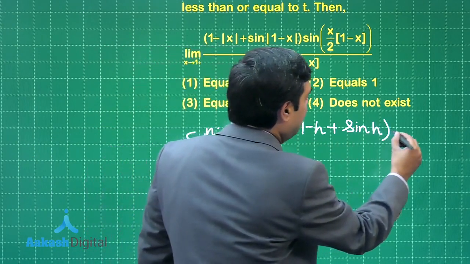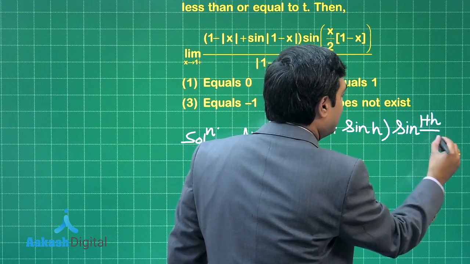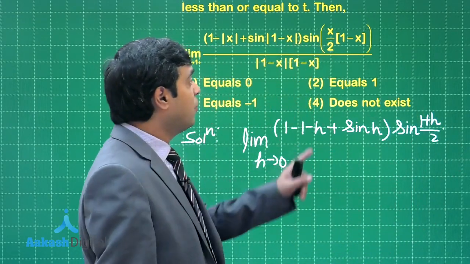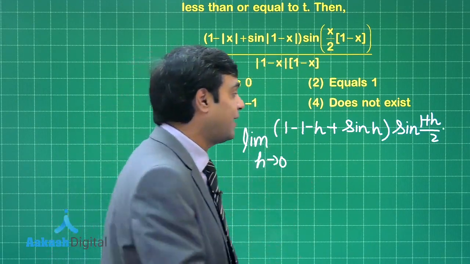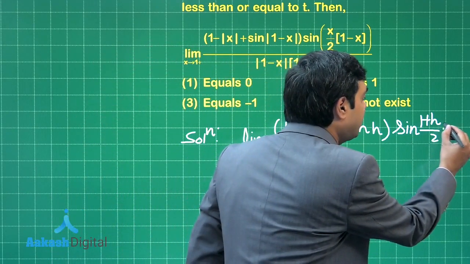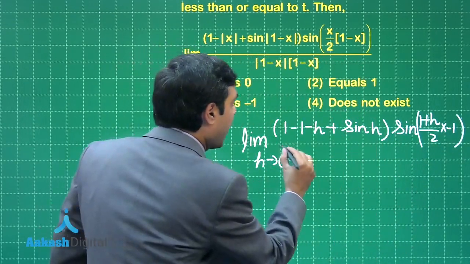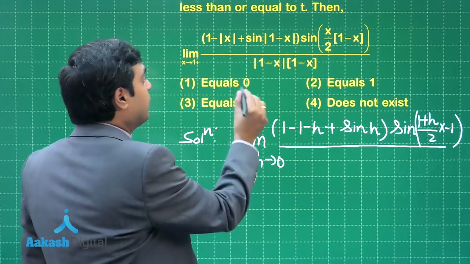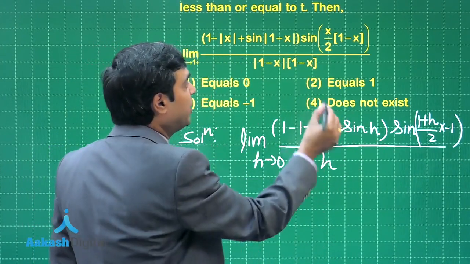Next, sine of (1 plus h) by 2 multiplied with 1 minus x, where x is 1 plus h. So, we have the greatest integer of minus h, that means minus 1. So, let us multiply with minus 1 in this angle, divided by mod 1 minus x. We already know this is h, we discussed in the numerator.